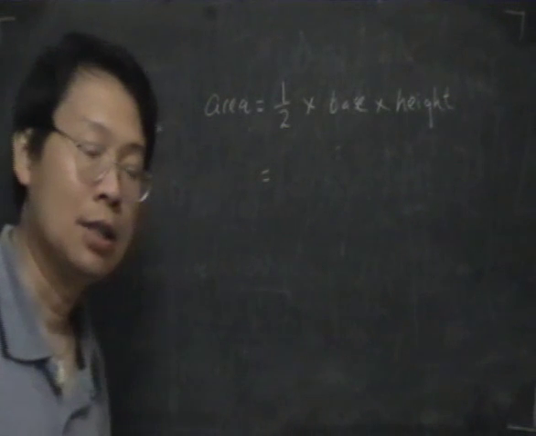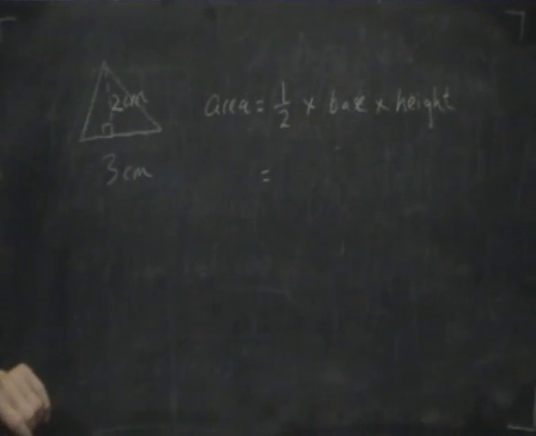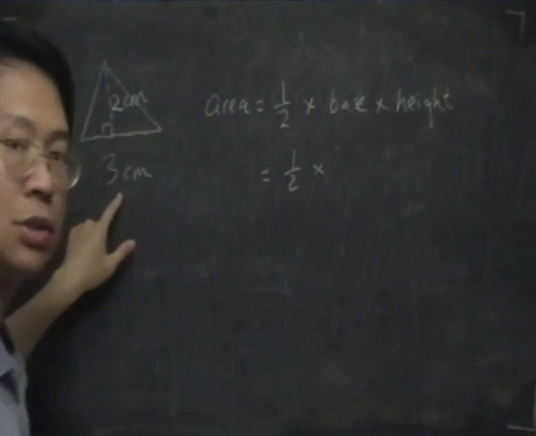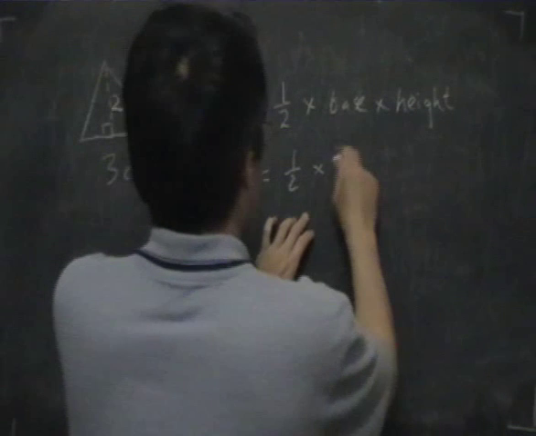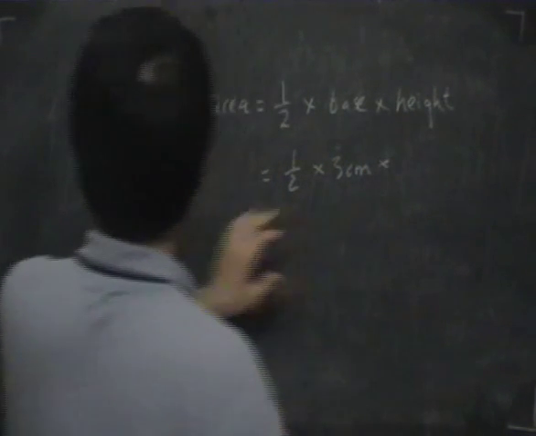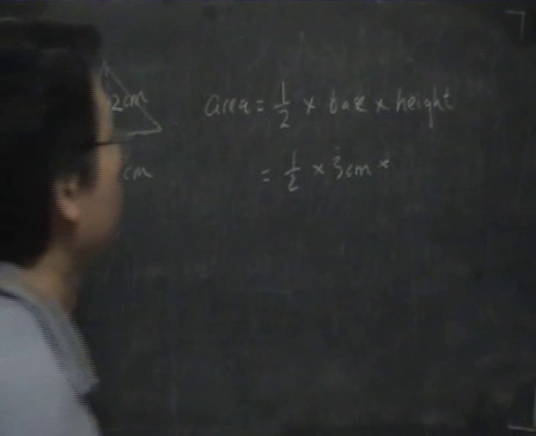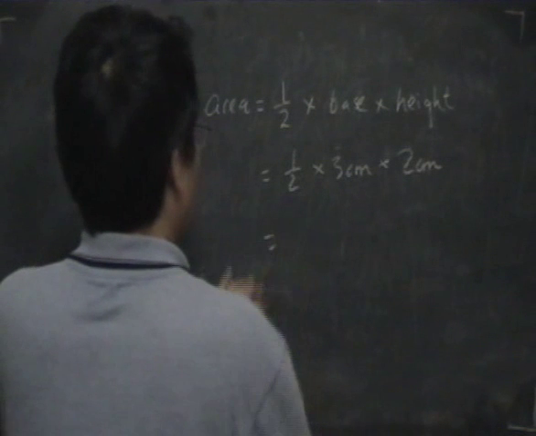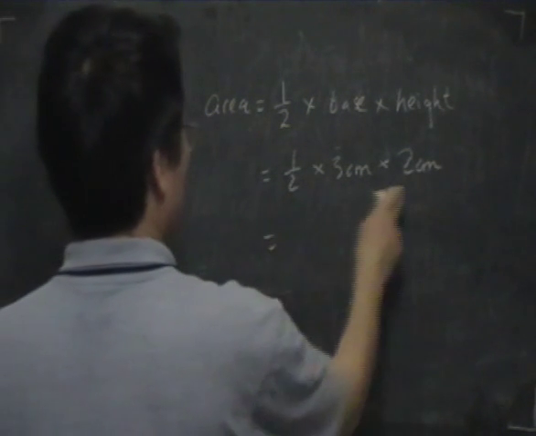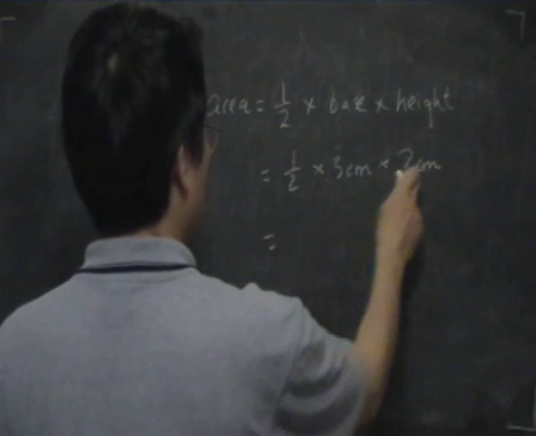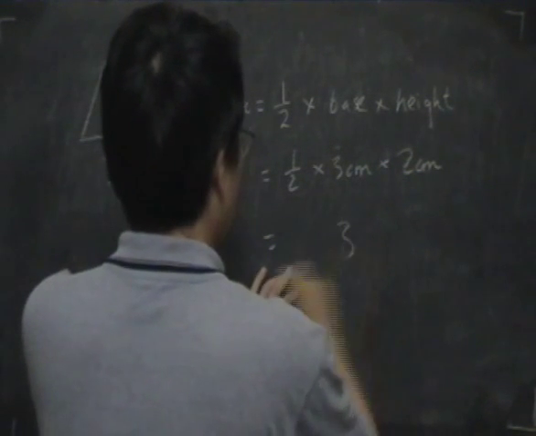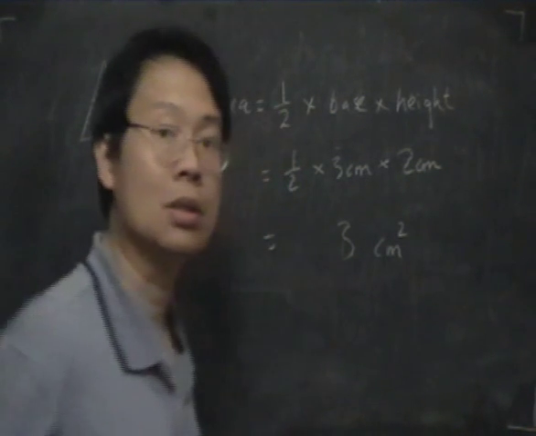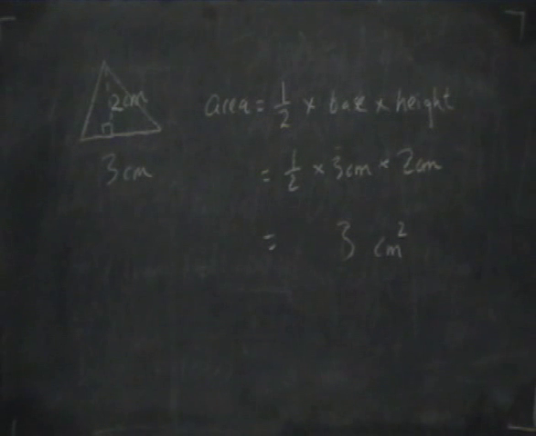That's the formula. So in this example, it would be half times base is 3 centimeters times the height, which is 2 centimeters. Alright, and the answer is half, and the 2 cancels. Half of 2 is 1, so the answer is 3, and cm times cm, cm squared, is the units of the area here.